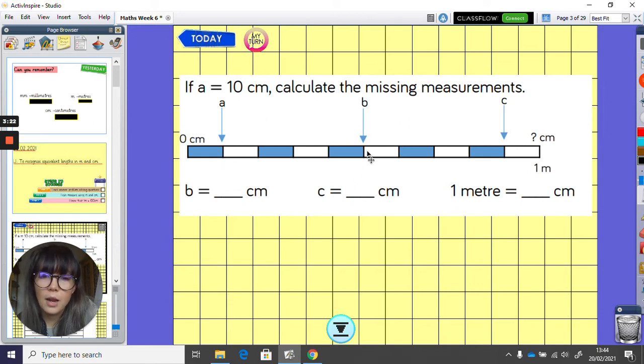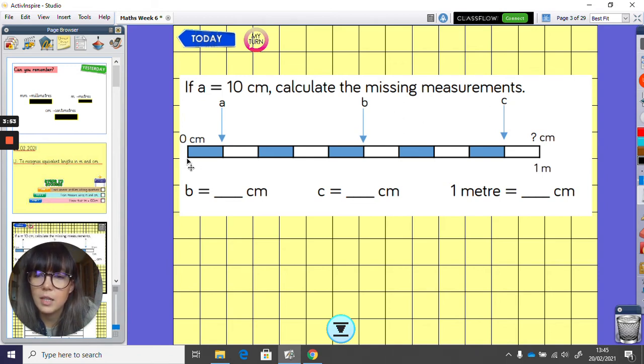So how are we going to work out what B is? So we've got to here, and we've worked out that that is 10 centimetres. Now, this little blue bar here is equal to this little white bar. They're all equal amounts. This long stick has been split up into equal amounts. So if this is 10 centimetres, then this will be 10 more centimetres, so that would be 20 centimetres. So we're counting up in tens.